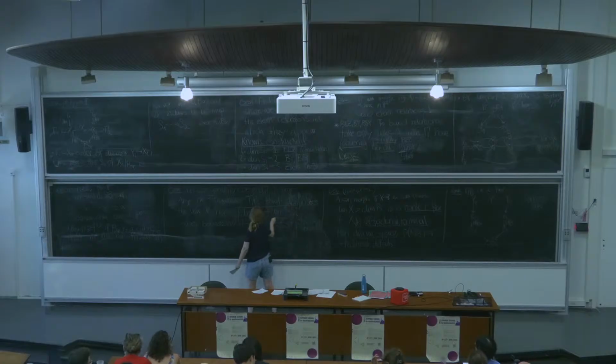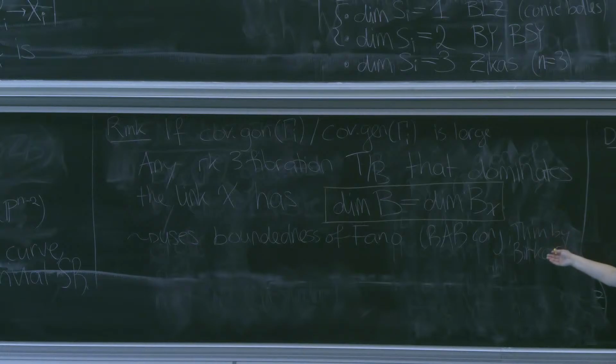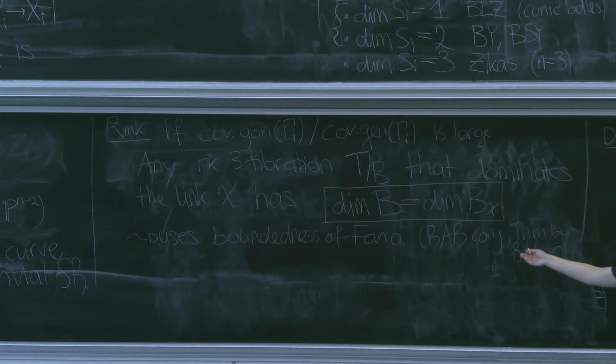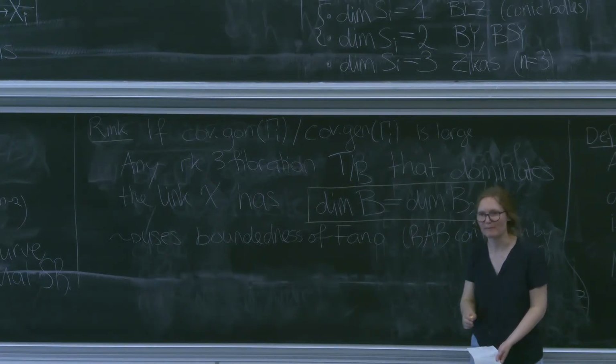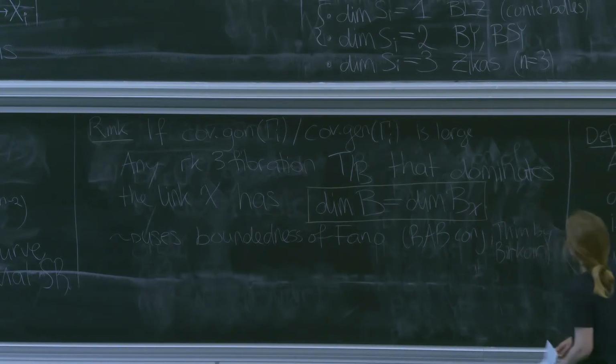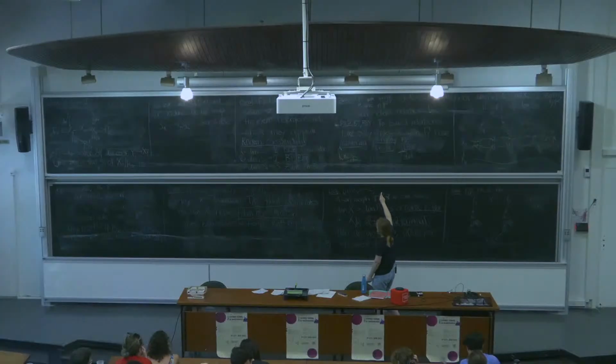So in this sense, I meant that we can bound the relations in which the link appears. So we have a bound on the dimension of the base. And here I also want to again mention Zika's work. He does not use this huge result.